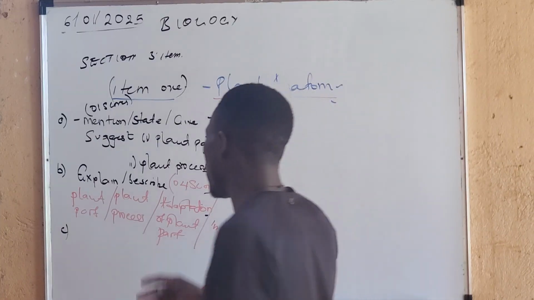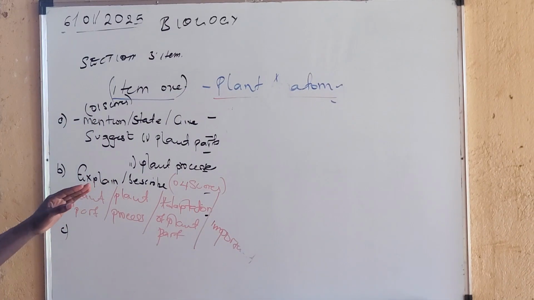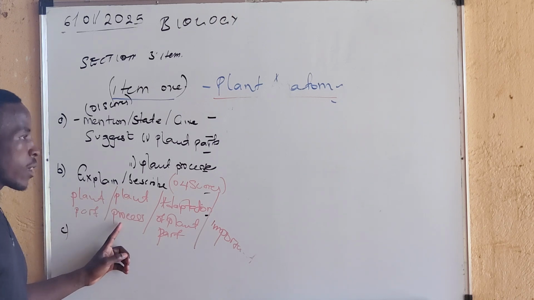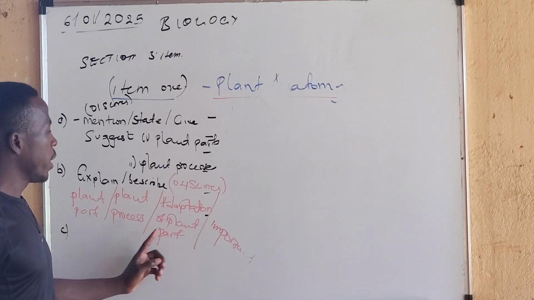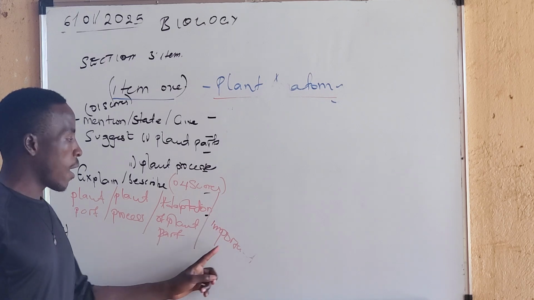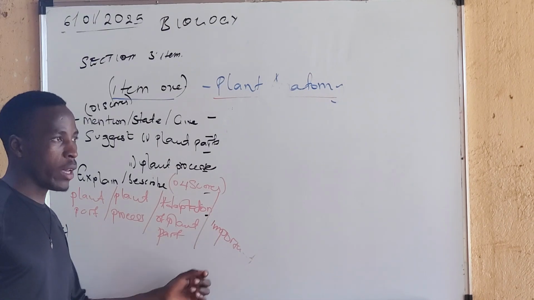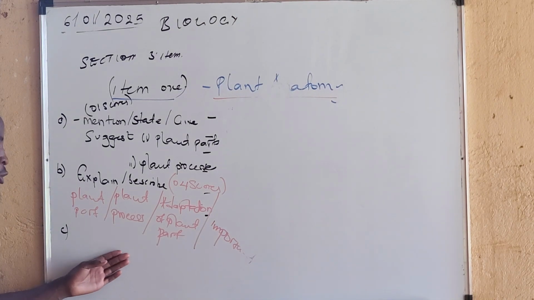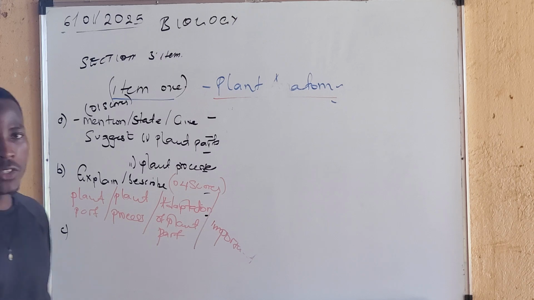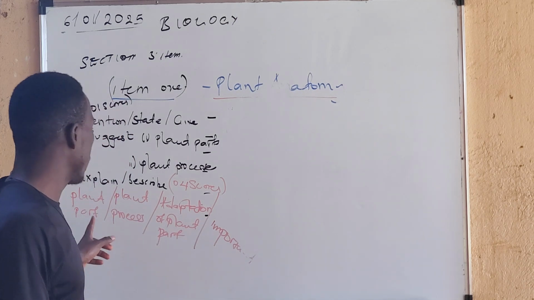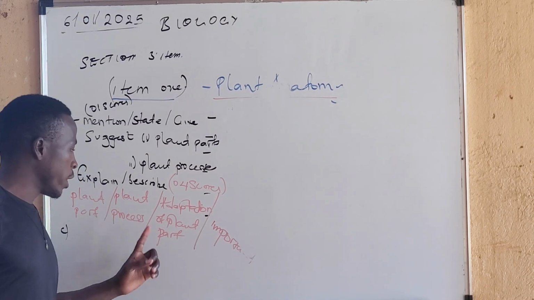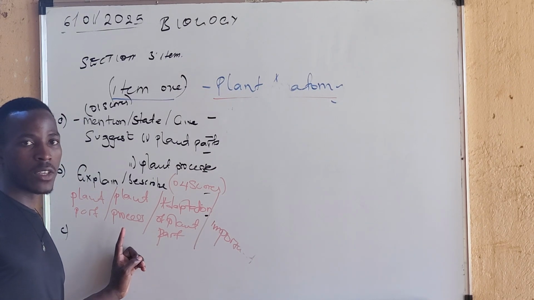We are still under explanation. Under part B, you give us the plant part damaged, the plant process being affected, then the adaptation of the plant part, and then the importance of that plant part. For example, a hailstorm may damage our leaves. That is our plant part. Which process is hindered when leaves are damaged? It is photosynthesis.